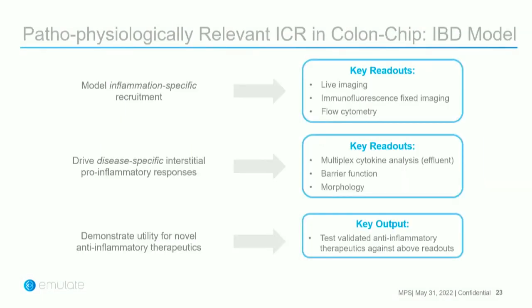So in developing a disease model, as I said, we really need to be physiology forward. So we have focused on three strategic goals as guideposts to make sure that we're achieving a physiologically relevant model. First goal is to assure that we're generating inflammation-specific recruitment.